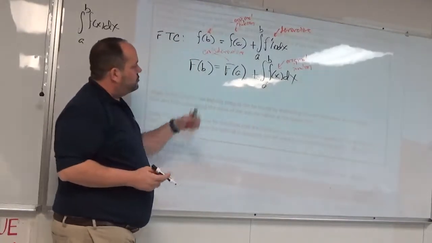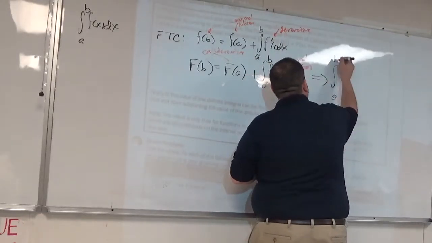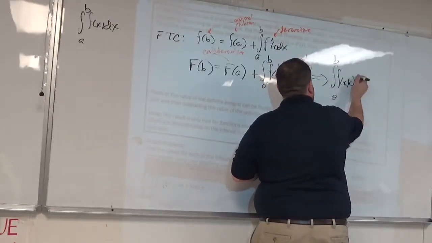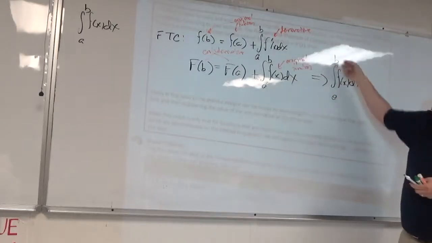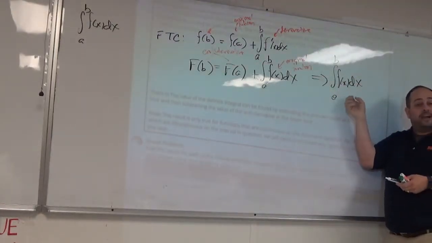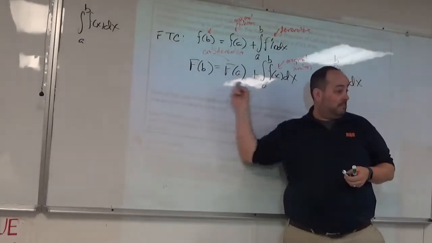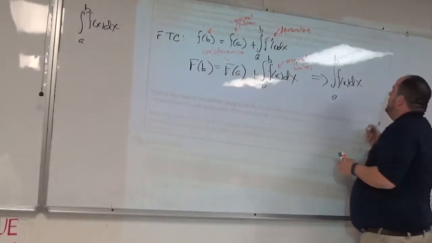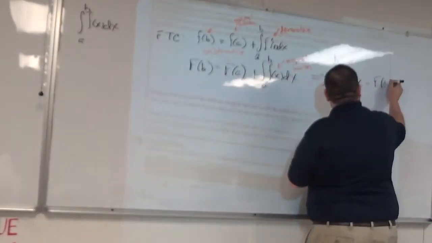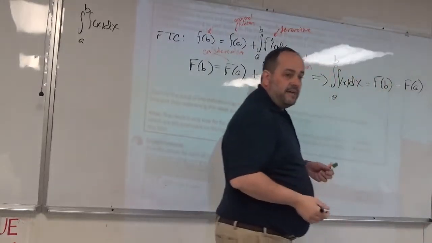If this is true, then doesn't it also have to be true that the definite integral from A to B of f of x dx is big F evaluated at B minus big F evaluated at A?